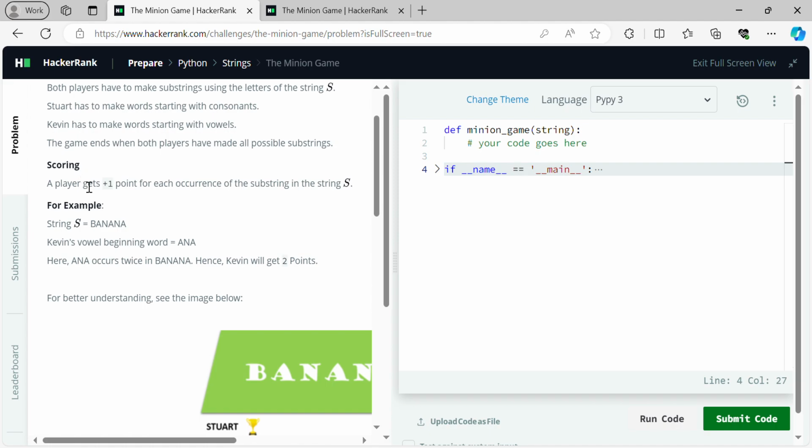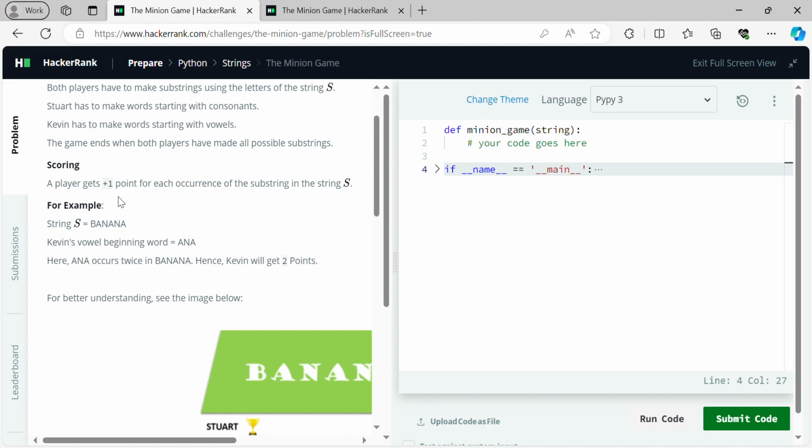A player gets 1 point for each occurrence of the substring in the string s. So this is the scoring condition.